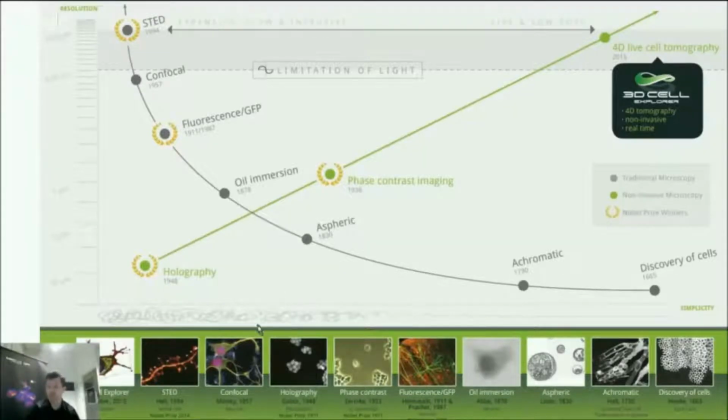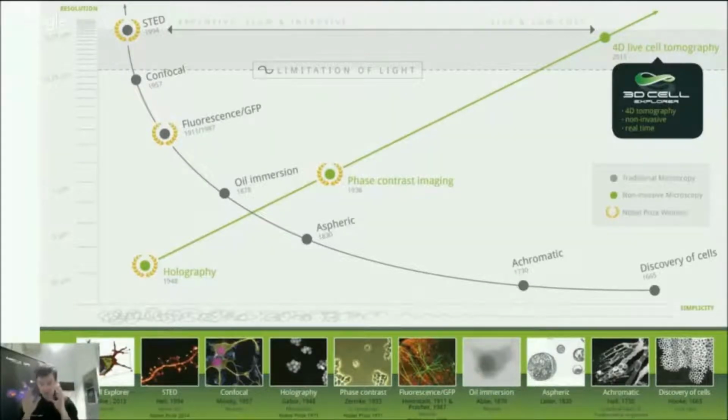And this is true up to the last Nobel Prize winning technology. It is not possible to observe cells at the level of detail that we are interested in without heavily perturbing the state of the cell, adding some type of fluorescent marker, or no matter which kind of dye.